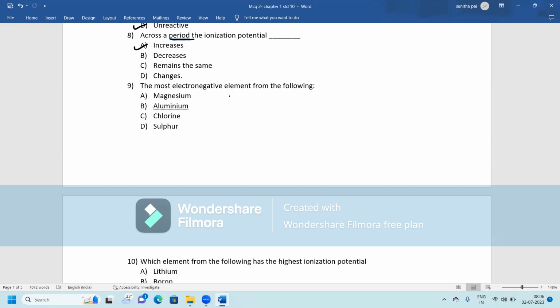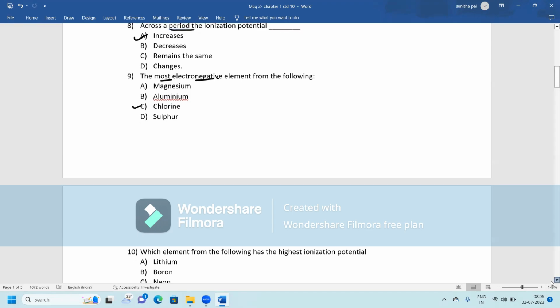The most electronegative element from the following. Since it is electronegative and most electronegative, we need to look at only non-metals. There are two non-metals, chlorine as well as sulfur. Compared to sulfur, chlorine is the most electronegative element.